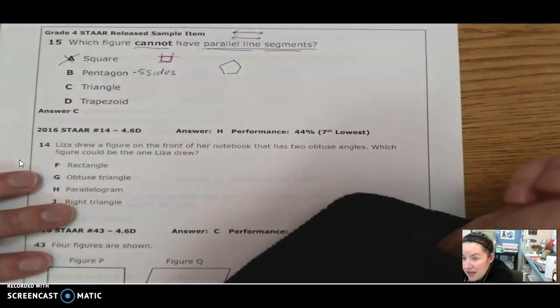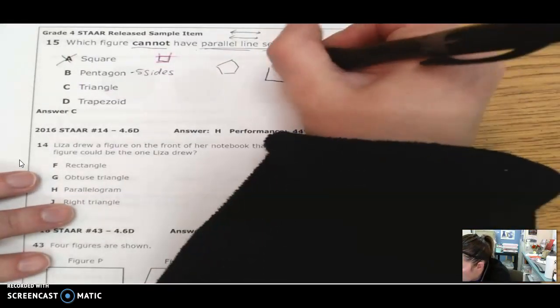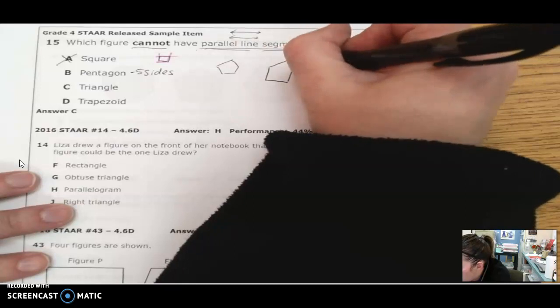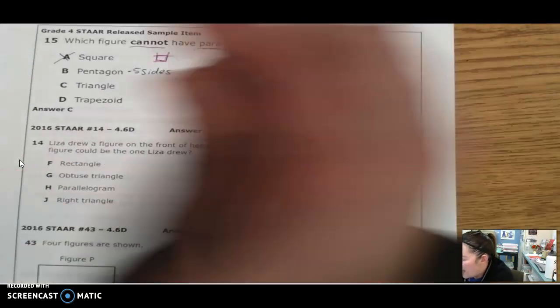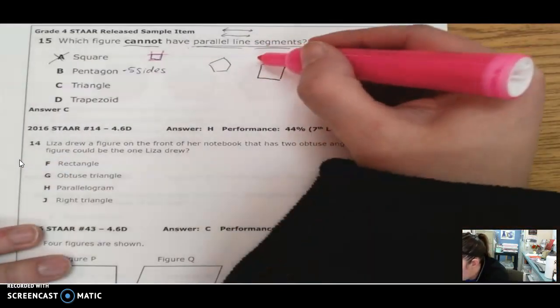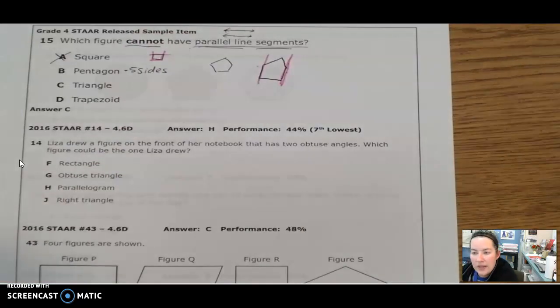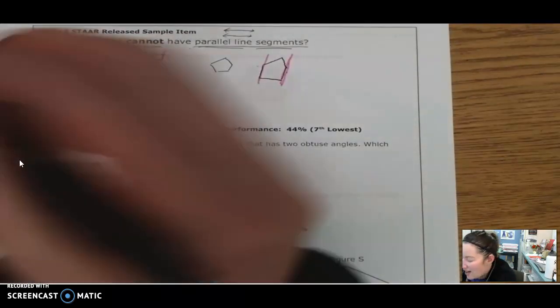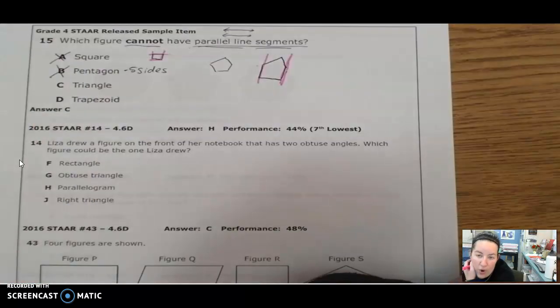Think about a house. 1, 2, 3, 4, 5. This is a pentagon. It has 5 sides, but it also has, look, 2 parallel lines. So a pentagon can have parallel sides depending on how you draw it.